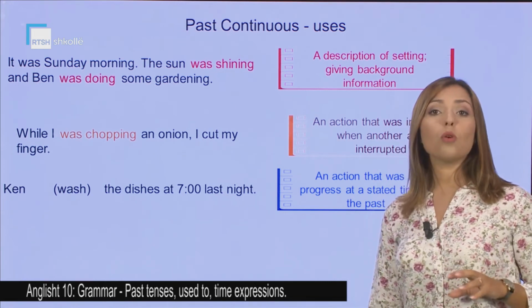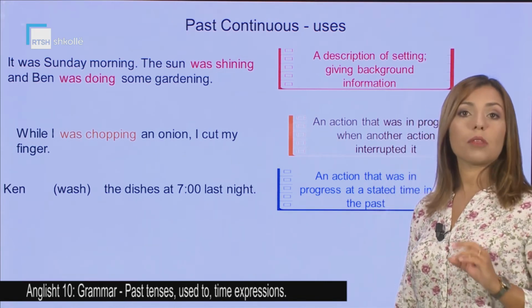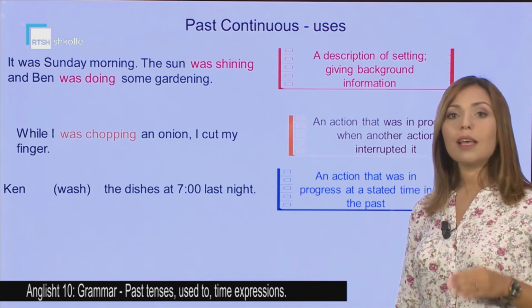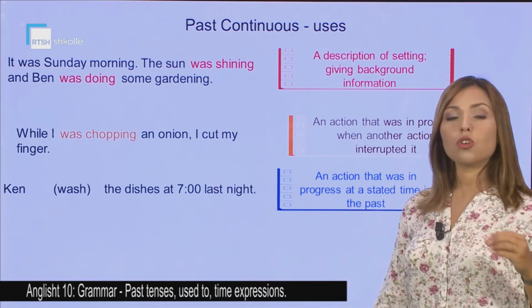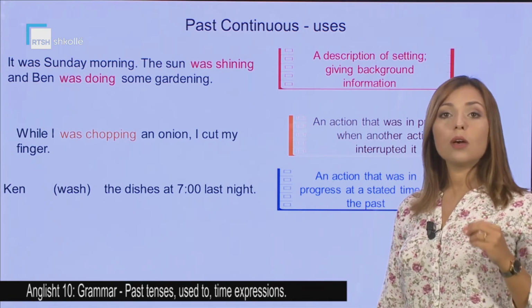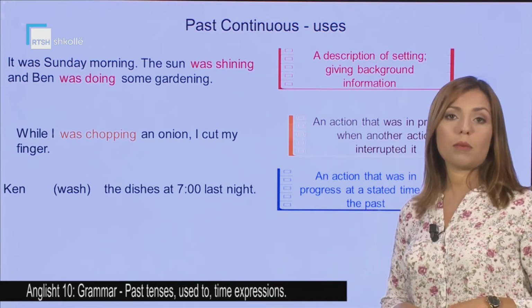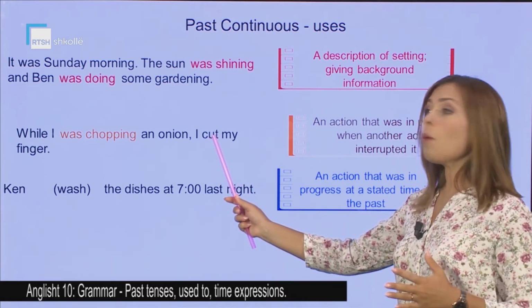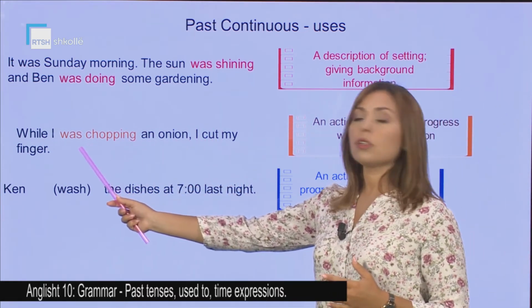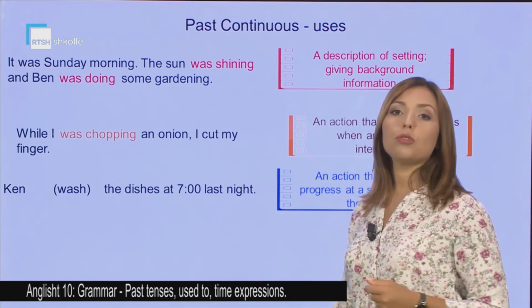So I was doing something, something was in progress, and something else interrupted it. I was chopping the onion when I cut my finger. So cut interrupts, stops this action that was in continuation.